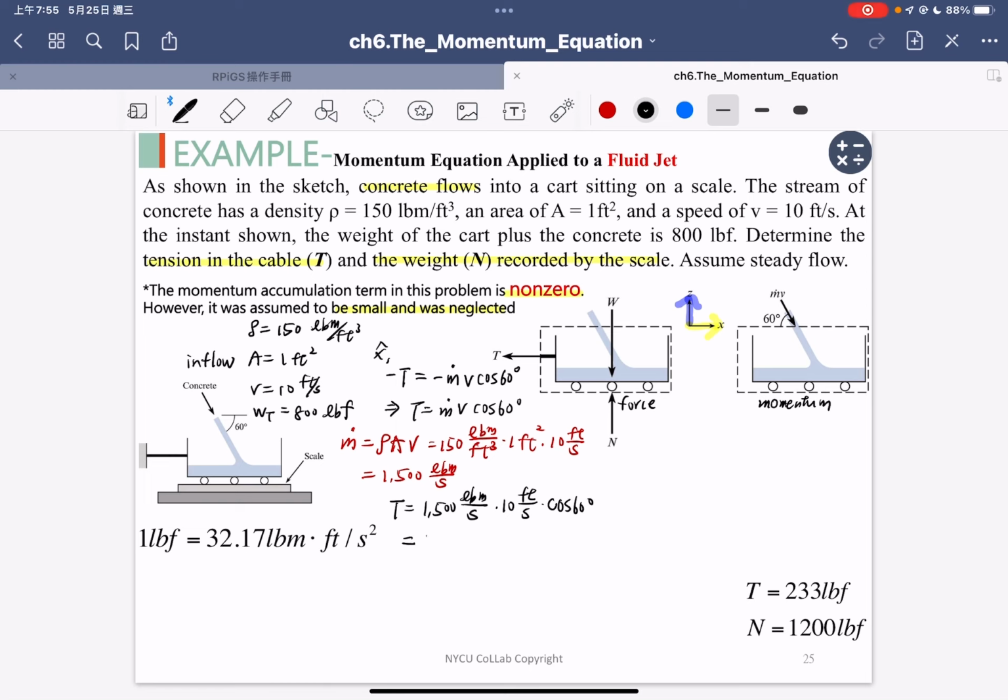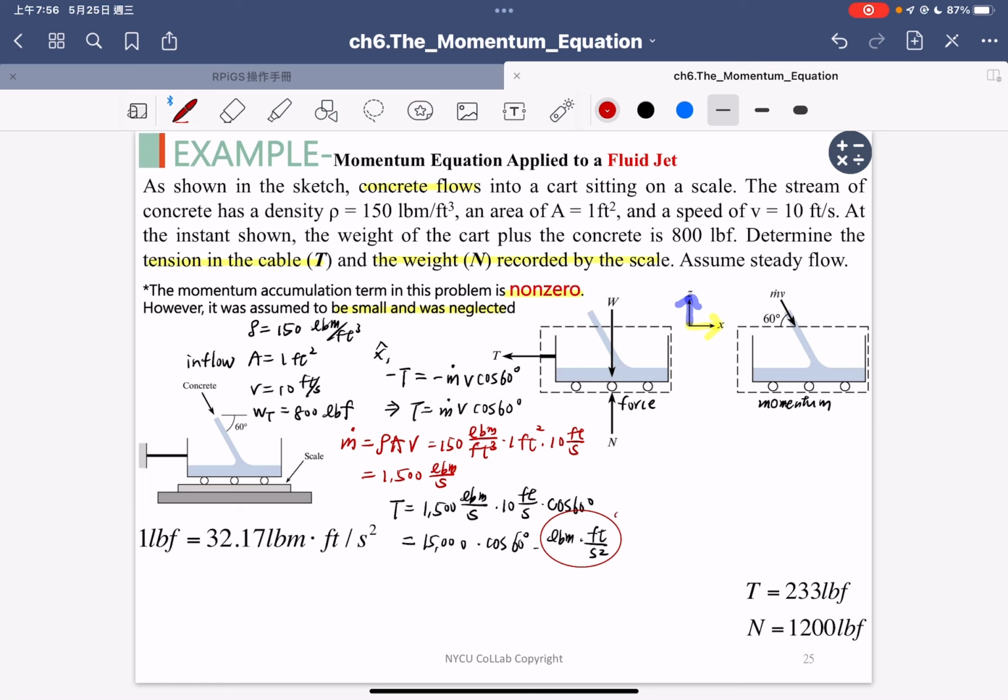So that will equal 1500 pound mass feet times cosine 60 degrees, and the unit is pound mass times feet per second squared. So we need to convert the unit to pound force.